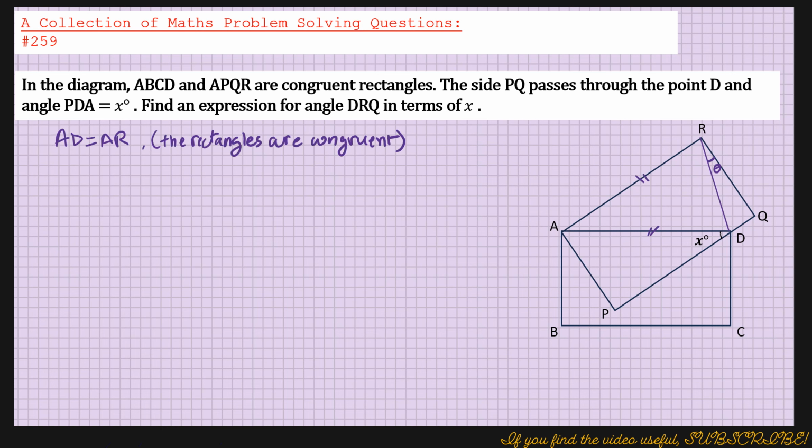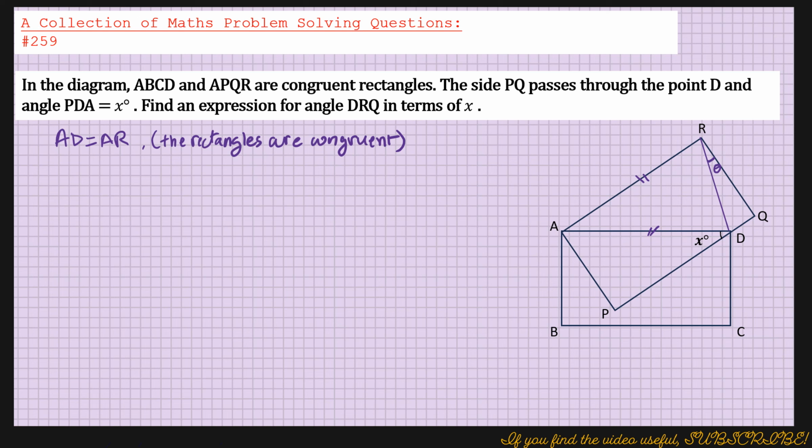The next thing we do is mark out the equal sides, and we have AR equals AD. That's because the rectangles are congruent.